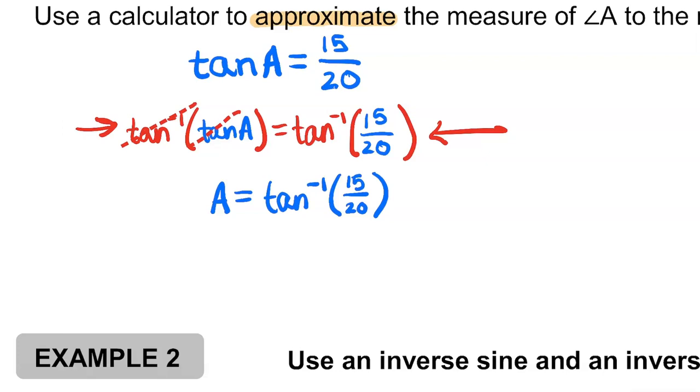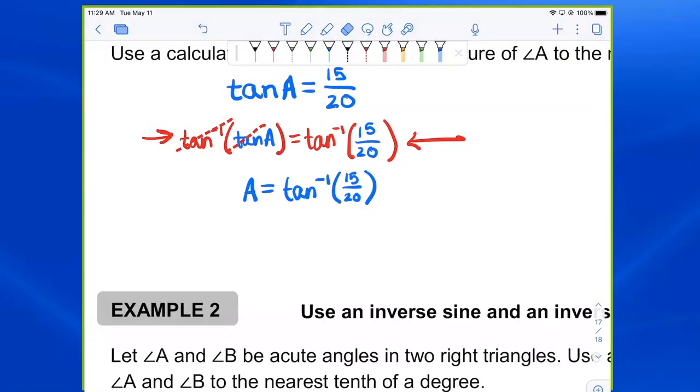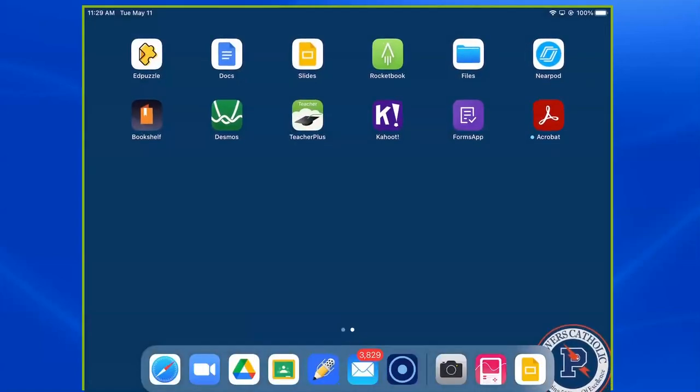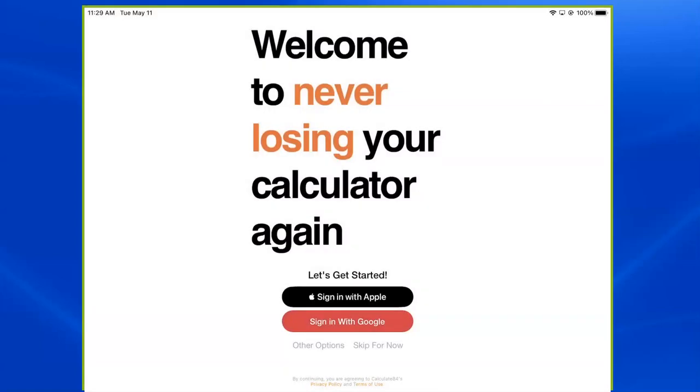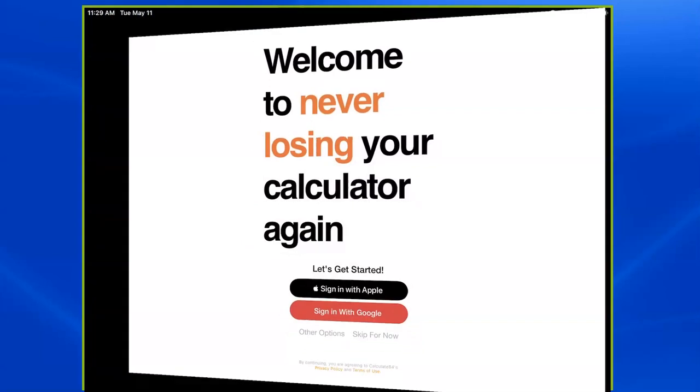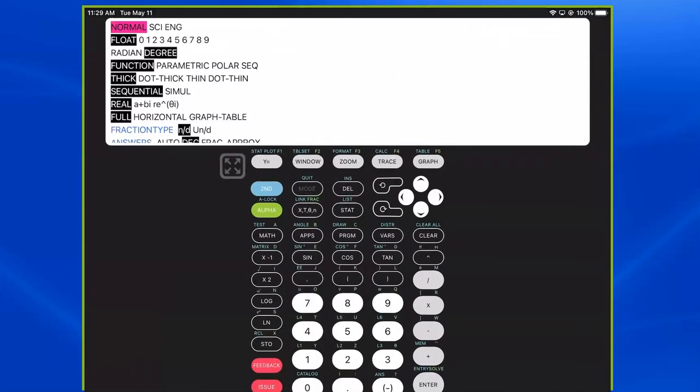Okay, so all of that being said, where is this in our calculator? In your calculators, make sure you're in degrees, still in degrees. If you have a TI, you should be able to see there are blue options above all of the regular buttons.